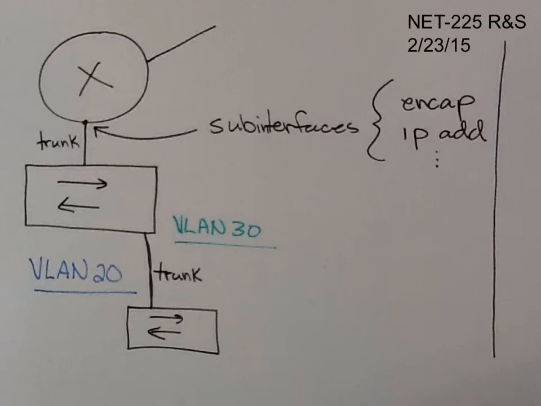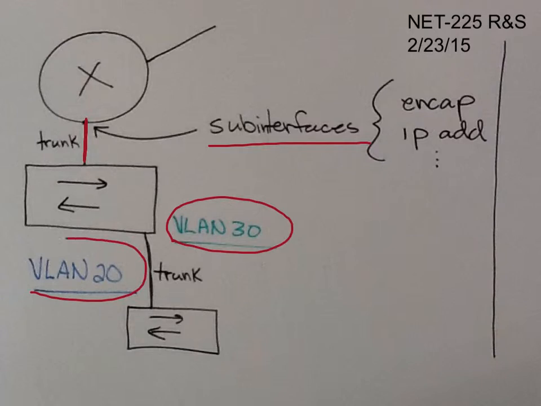This is Networking 225, Routing and Switching, and we just finished working on sub interfaces the other day. We created a trunk. If you had, for example, VLAN 20 and 30, we got a couple of switches.